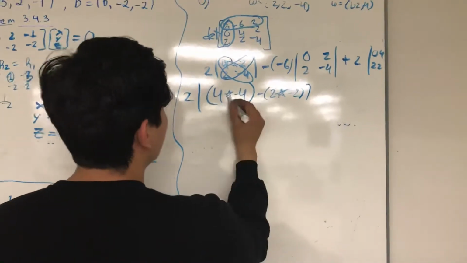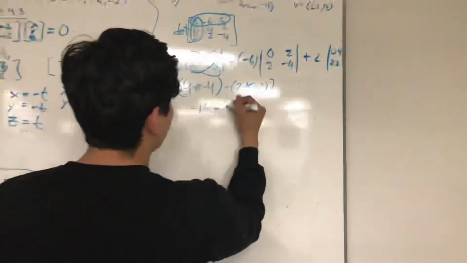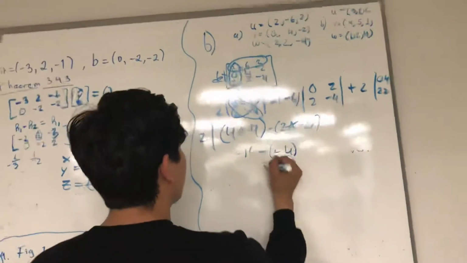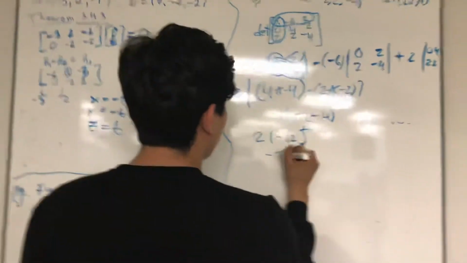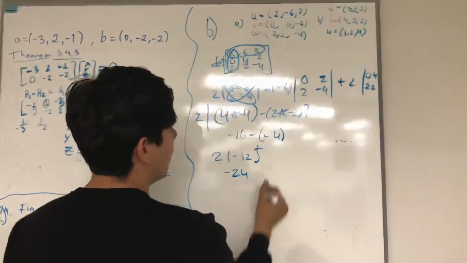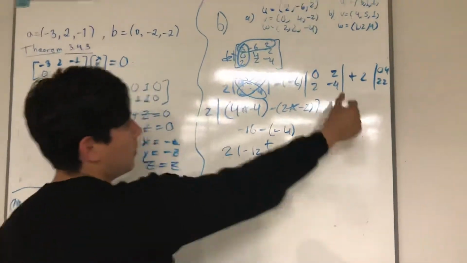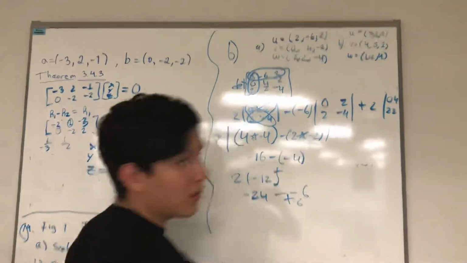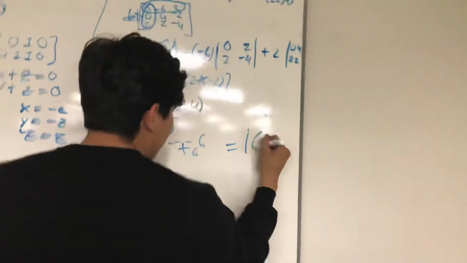So in this case, it will be -16 -4, this will be plus -12. 12 times 2 is -24. Minus plus -6, this will be +6. So we just have to do this with our cross product. In this case, our result will be 16.